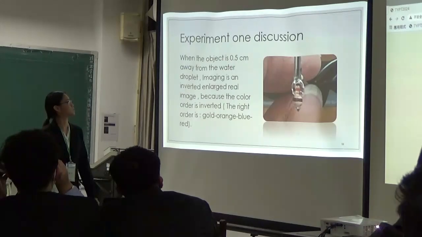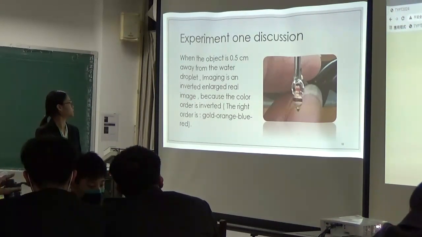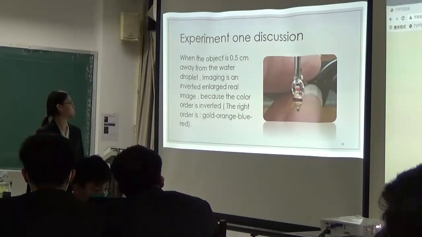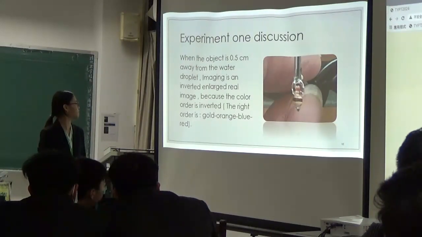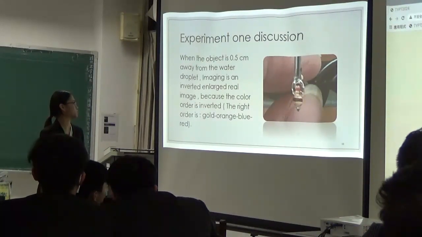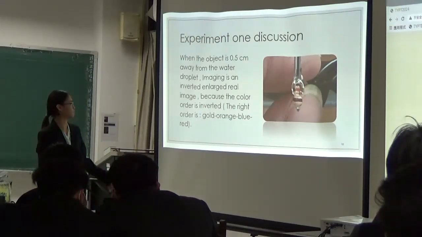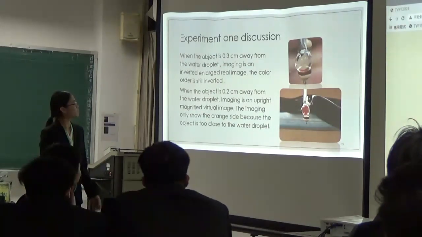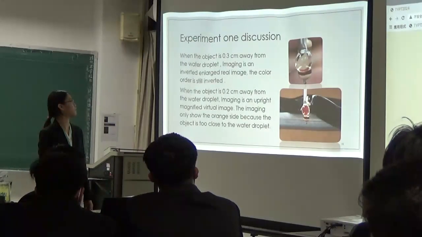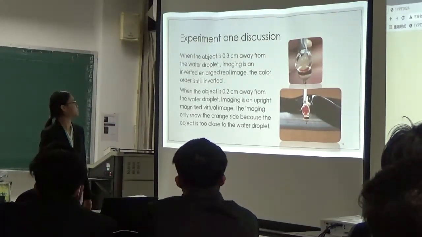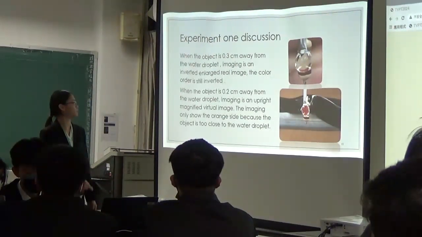When an object is 0.5 centimeter away from the water droplet, imaging is an inverted, enlarged real image. Because the color order is inverted, the right color order is gold, orange, blue, and red, while the imaging is inverted. And then, when the object is 0.3 centimeter away from the water droplet, imaging is an inverted, enlarged real image.